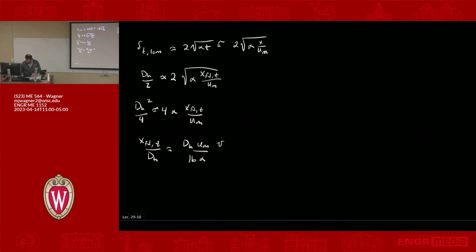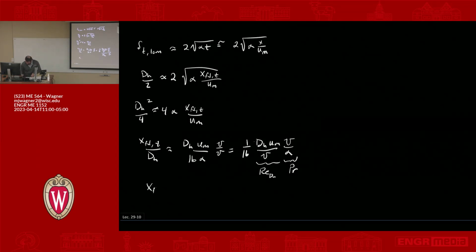Let's multiply by nu over nu. And then this becomes 1/16 dH over nu times nu over alpha. So okay, this here is Reynolds in terms of dH. This here is Prandtl.